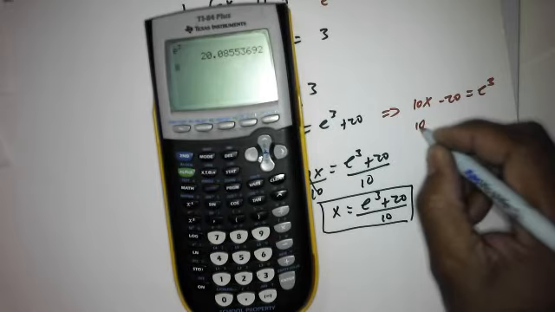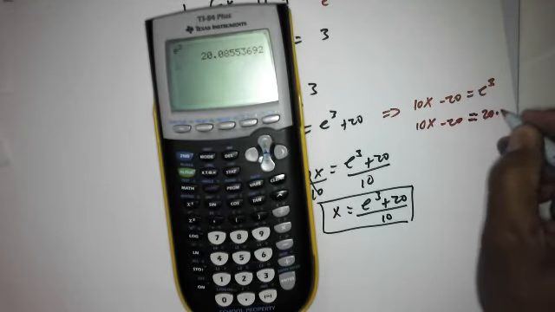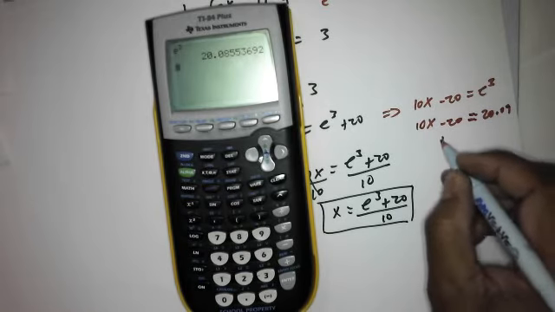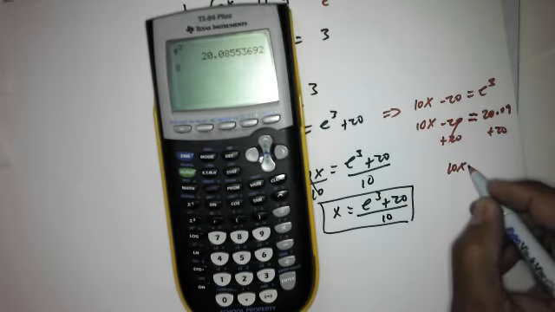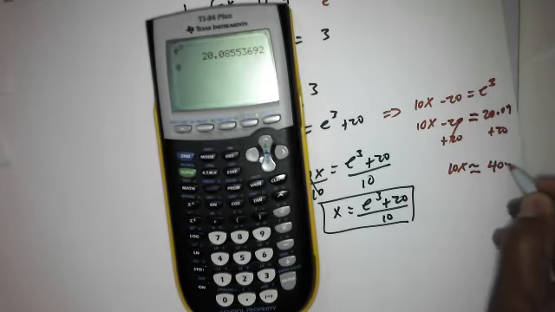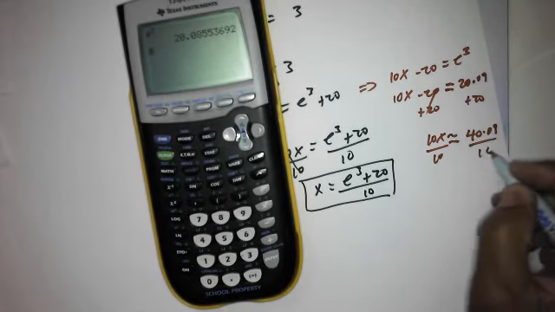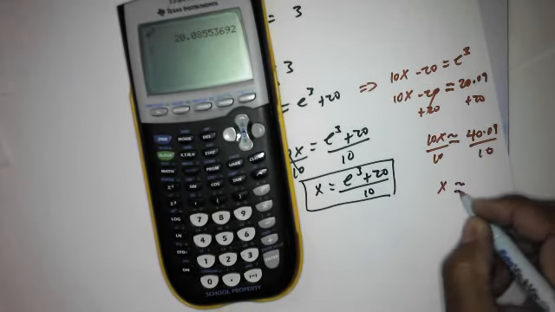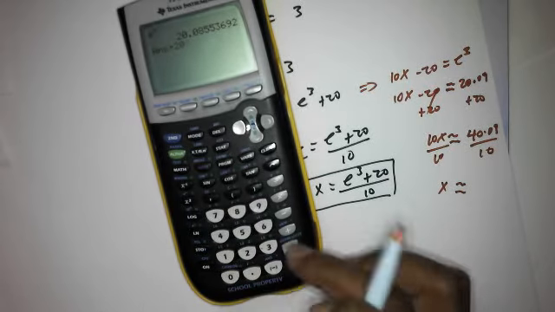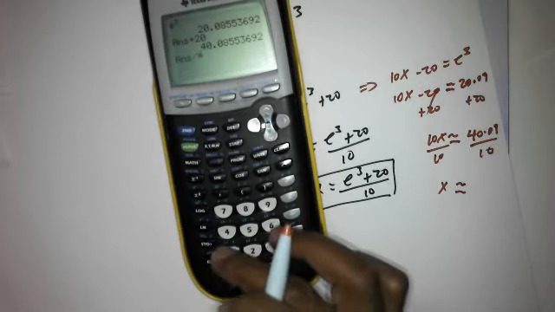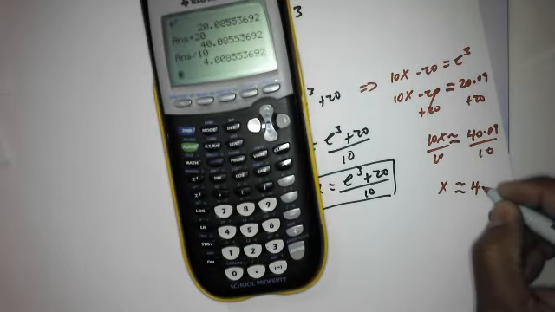So this would be 10x minus 20, approximately 20.09. And of course we would add 20 to both sides just the same. So 10x would be approximately 40.09. And again we would divide both sides by 10. So x would be approximately 4.01.